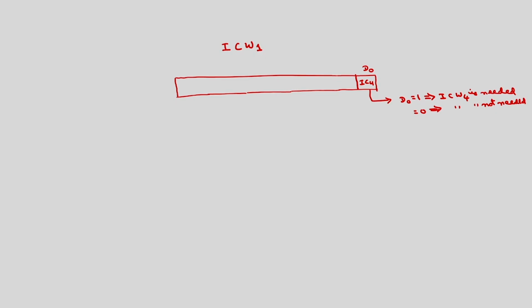Then the second bit, D1 bit, will be here. Either it is a single mode or cascade mode, SNGL. If D1 bit is 1, it implies single mode.